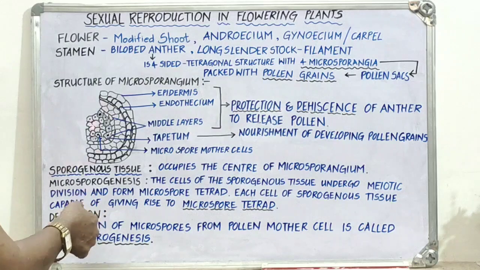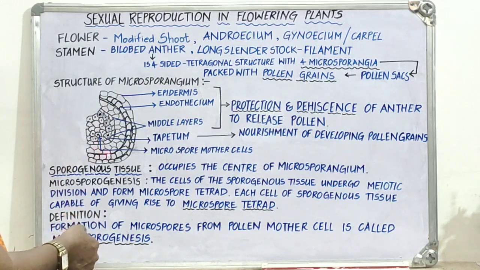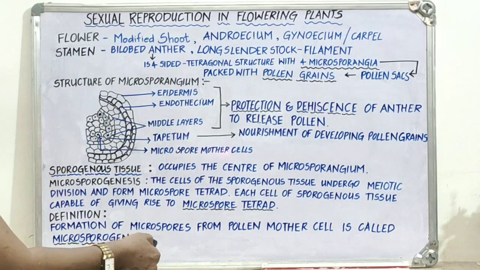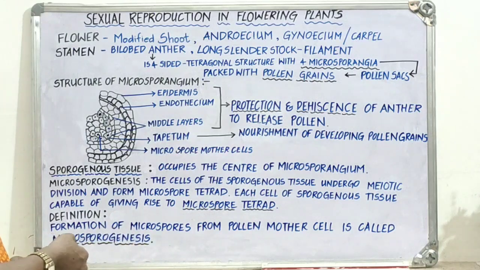Then if you see at the center, microspore mother cells are present. When we wanted to know about microspore mother cells, here sporogenous tissue is a very important terminology, because the center of the microsporangium is occupied by sporogenous tissue.